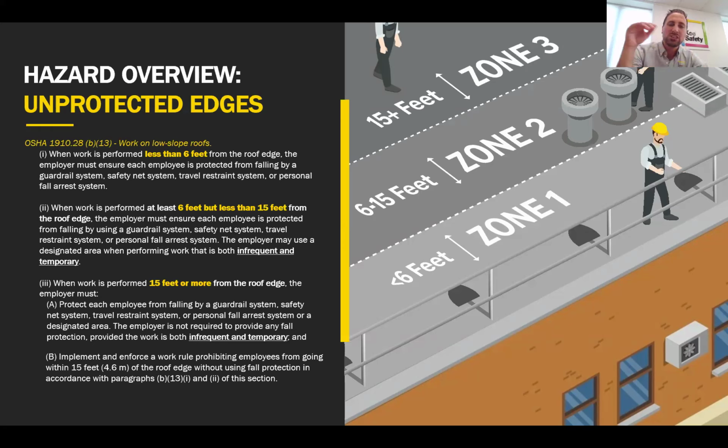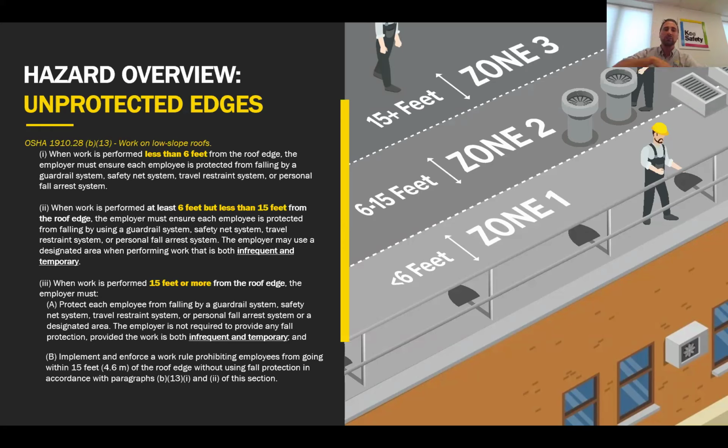It states that each employee needs to be protected from falling by guardrail, netting, arrest, restraint, designated area. And then it goes on to say that the employer is not required to provide any fall protection, provided that the work is infrequent and temporary, and we implement and enforce a work rule prohibiting employees from going within 15 foot of the roof edge.